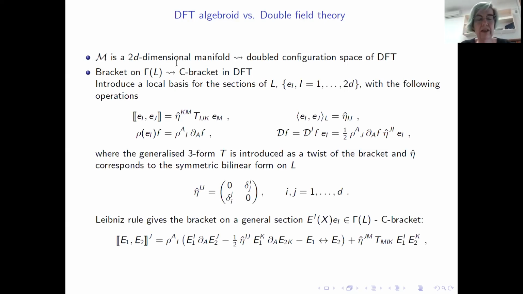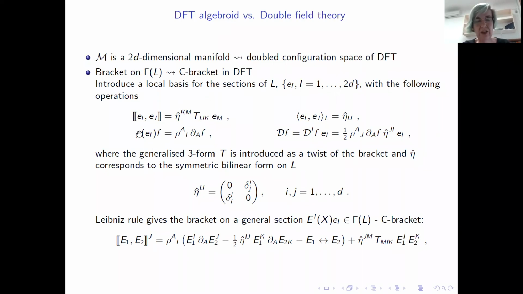And this you can convince yourself by introducing a local basis of the sections of the bundle with the following operation. So E is a basis on the bundle, and I introduce the action of the bracket on this basis being proportional to some generalized three-form T, which is going to be a twist of the bracket.